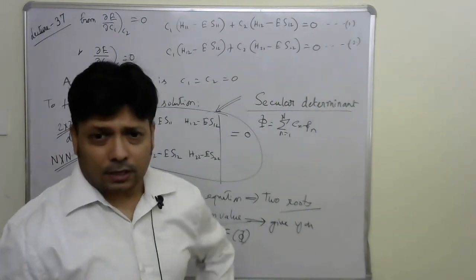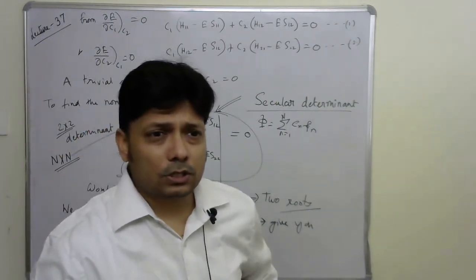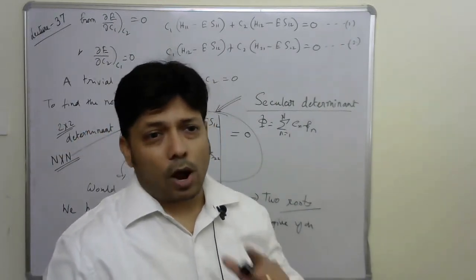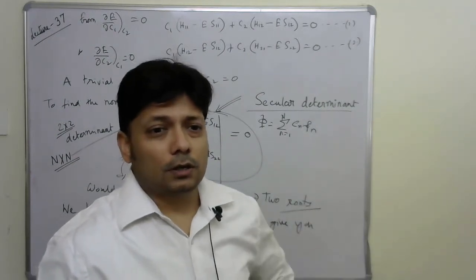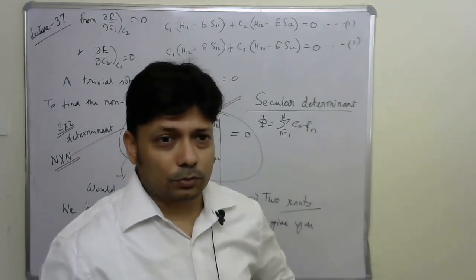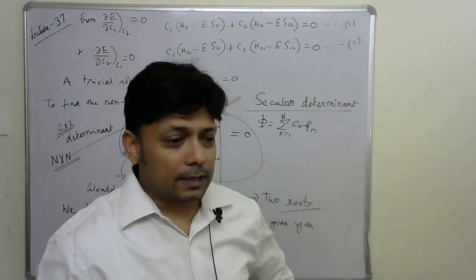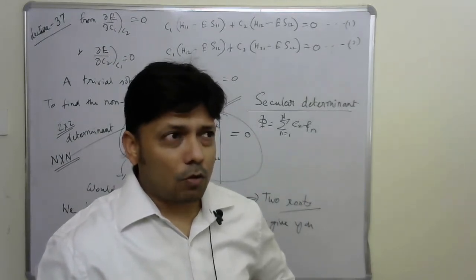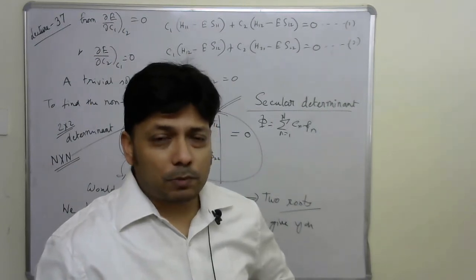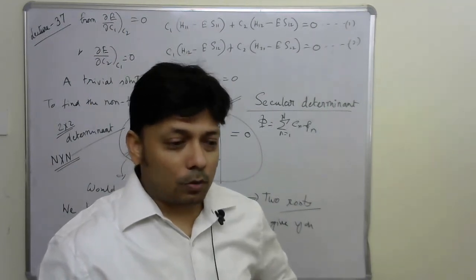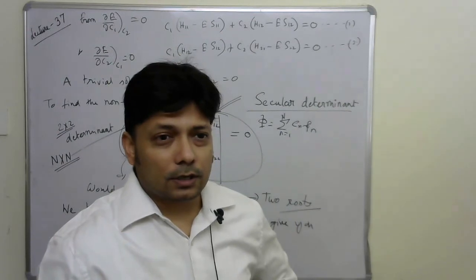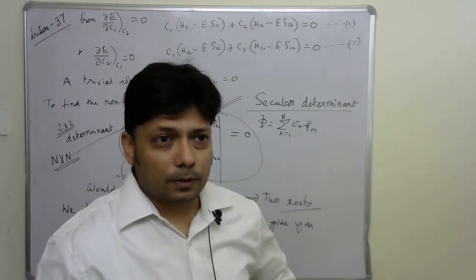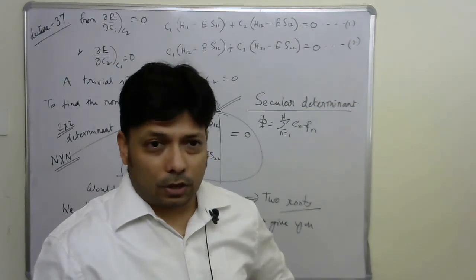So I guess today we will stop here. We have one more lecture on the variational method that we have to deal with. We have to take one or two simple examples on how to use the process of secular determinant and the secular equation.